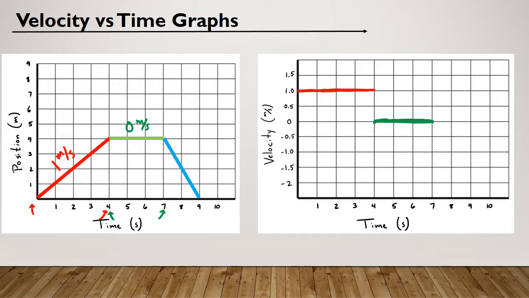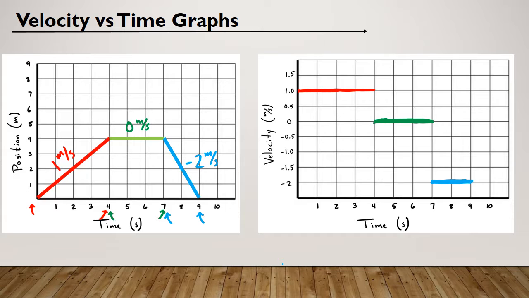And then the last bit, when she heads back home at 2 meters per second, I can show that. So at 7 seconds, she changes direction and rushes back home at negative 2 meters per second. Starting at 7 seconds and going to 9, I draw my line right there.